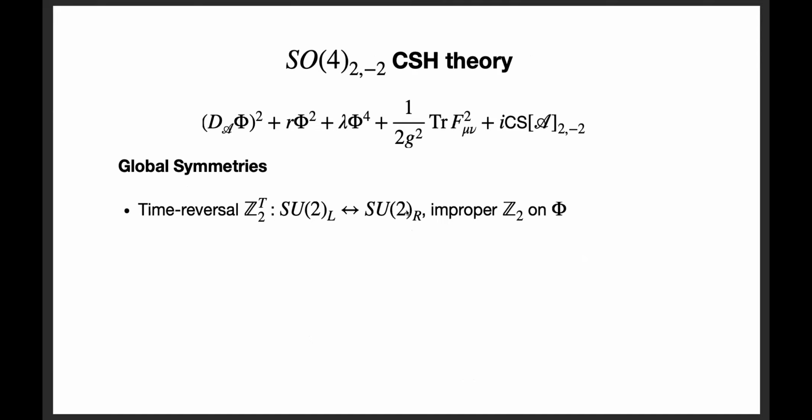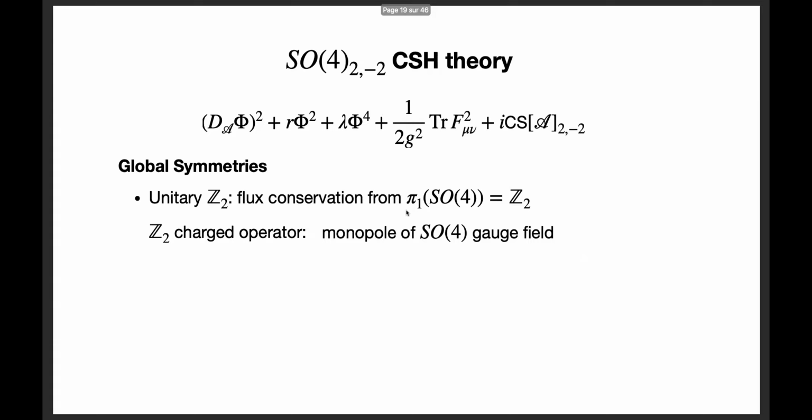Before we go to the phase diagram, let me first check what the global symmetries in this theory are. First is a time reversal symmetry that swaps the two Chern-Simons terms. So we exchange the two SU(2) fields, and accordingly it acts on the phi field as an improper Z2 rotation. More interestingly, there is actually a strictly unitary Z2 symmetry that describes the Z2 flux conservation in this theory.